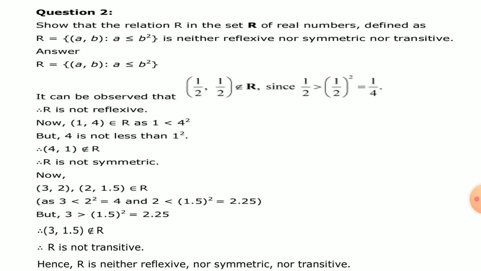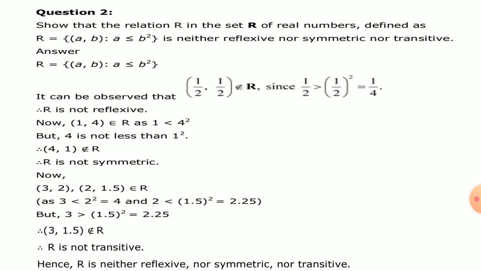So first, let the ordered pair (1/2, 1/2) not belong to R, since 1/2 is greater than (1/2) squared. (1/2) squared is equal to 1/4, so 1/2 is greater than 1/4. Therefore R is not a reflexive relation.